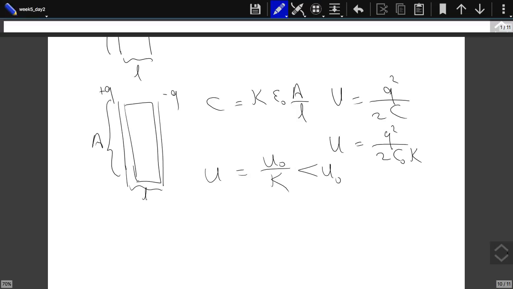I'm moving it this way, in the vertical direction. So how come there is a force on the dielectric which is in the vertical direction? Is the problem clear? So I say this is the problem.